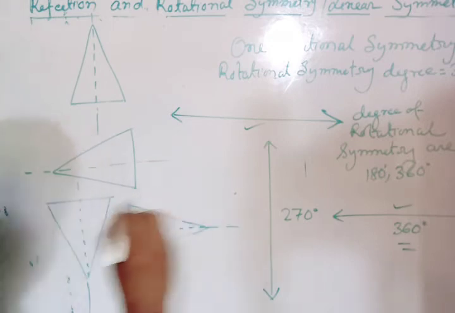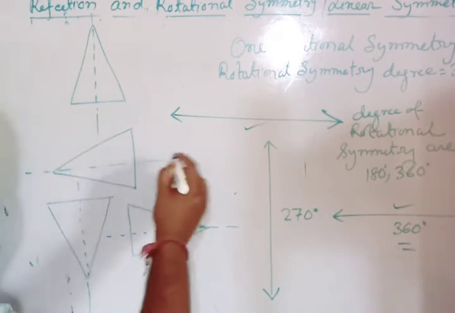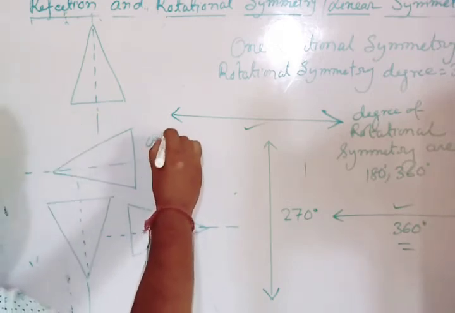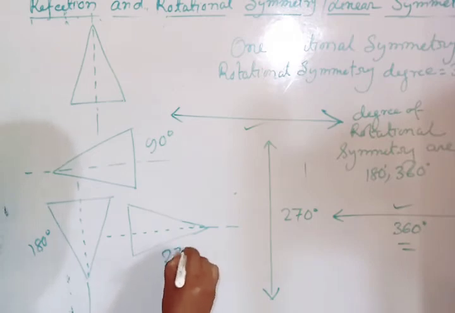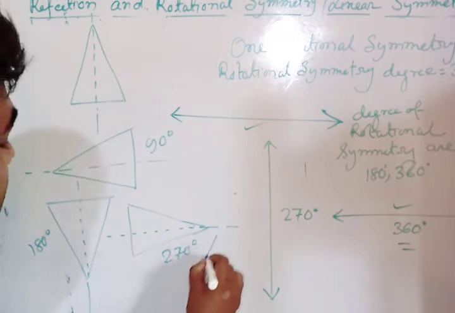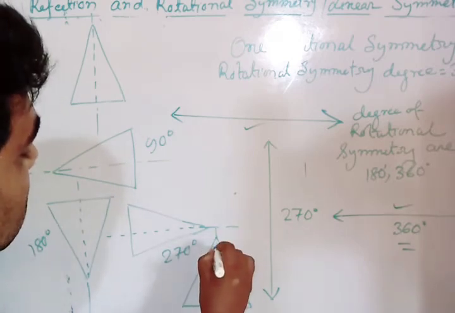For the fourth rotation finally, it comes for 90 degree, it is for 180 degree, it is for 270 degree. Next for 360, we are getting again the previous figure.